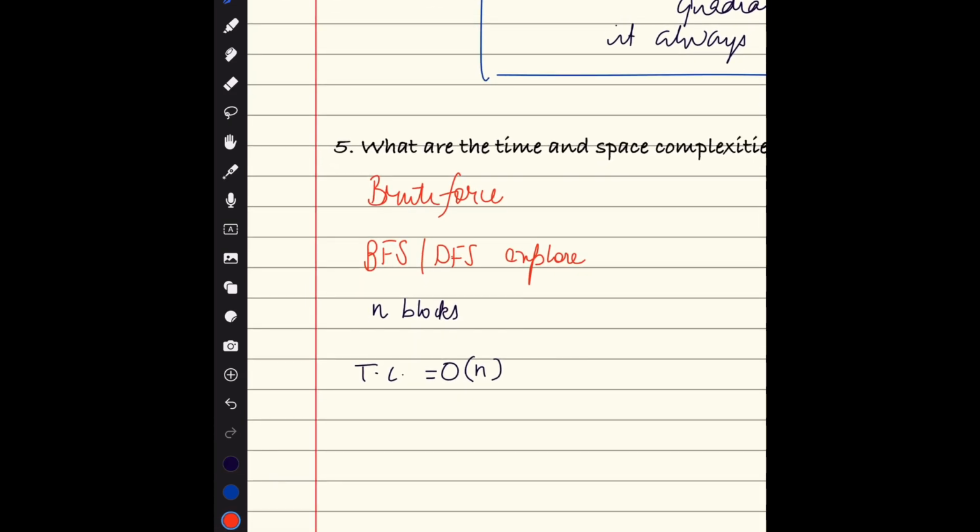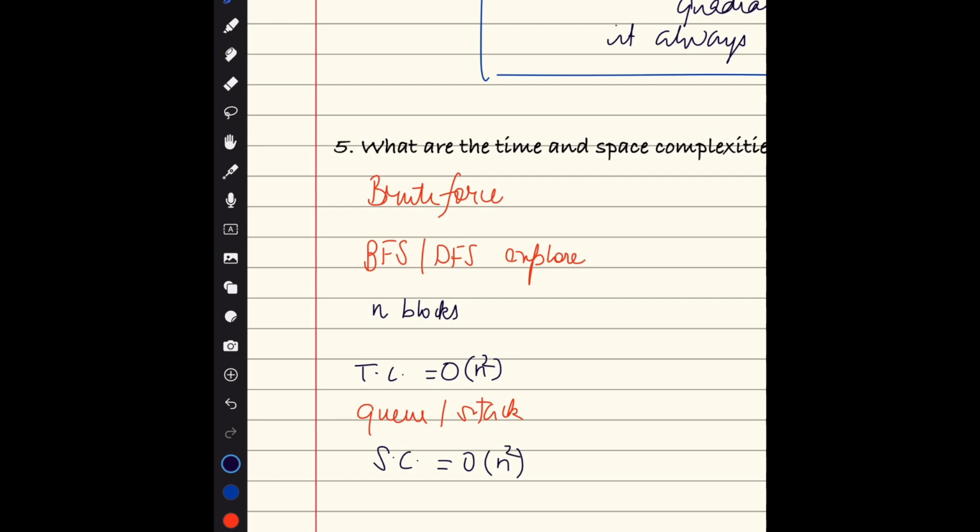And since I'm using either a queue or a stack, the space complexity would be order of n, or rather n square.